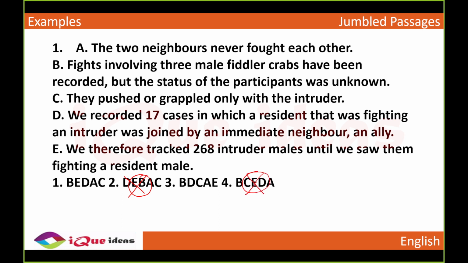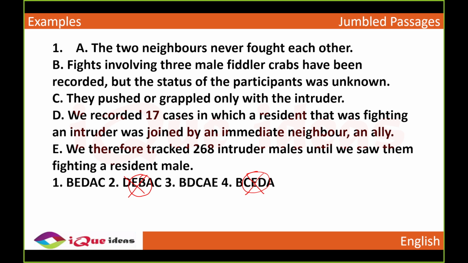So now I need to identify, is E the next one or is D the next one? D says we recorded 17 cases in which a resident that was fighting an intruder was joined by an immediate neighbor and ally. And E says we therefore tracked 268 intruder males until we saw them fighting a resident male.